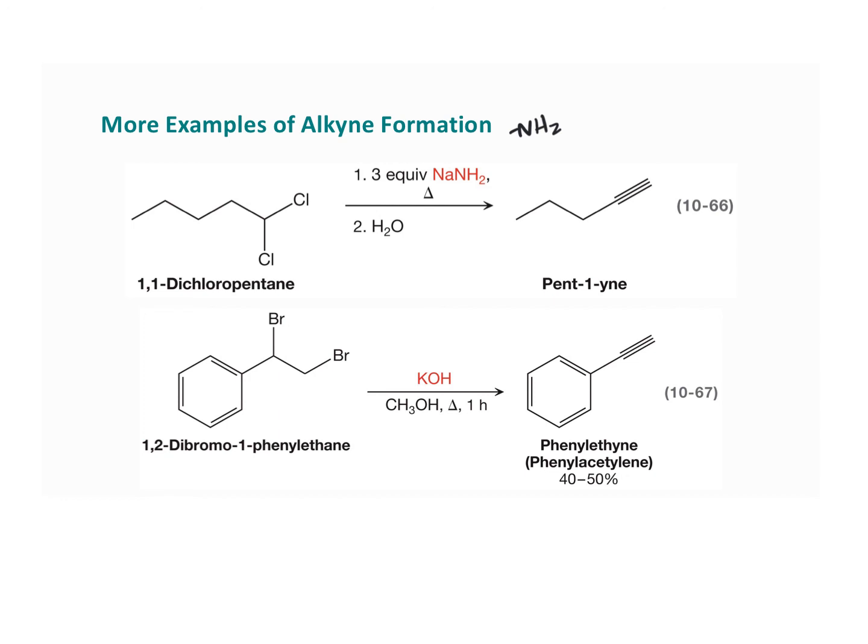And that converts the dihalide into an alkyne. The way it does that is the first 2 equivalents bring about separate E2 reactions. So we have 2 E2 reactions with those first 2, and then the third equivalent of the base deprotonates that acidic proton on the newly formed terminal alkyne.